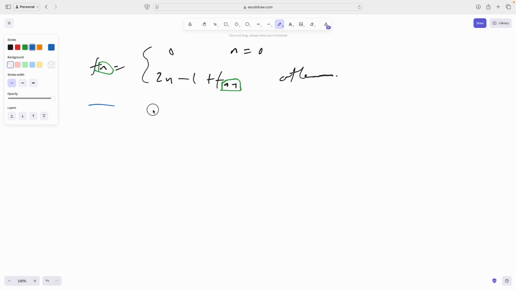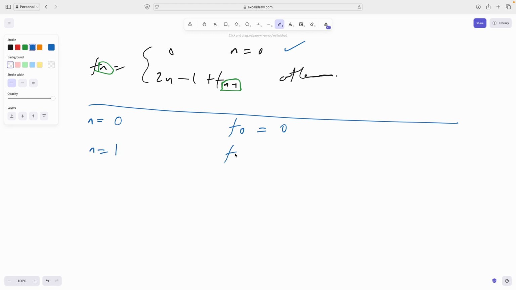So let's start with, well, we have to start at 0. We can't start at, say, f(5) because we'd need f(4). So let's start with 0. If n equals 0, then f(0) is 0 because of this rule. If n equals 1, then f(1) equals, it's this rule now.